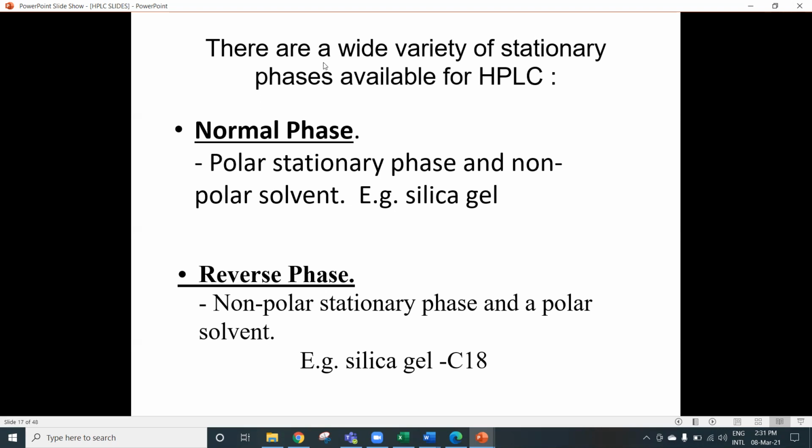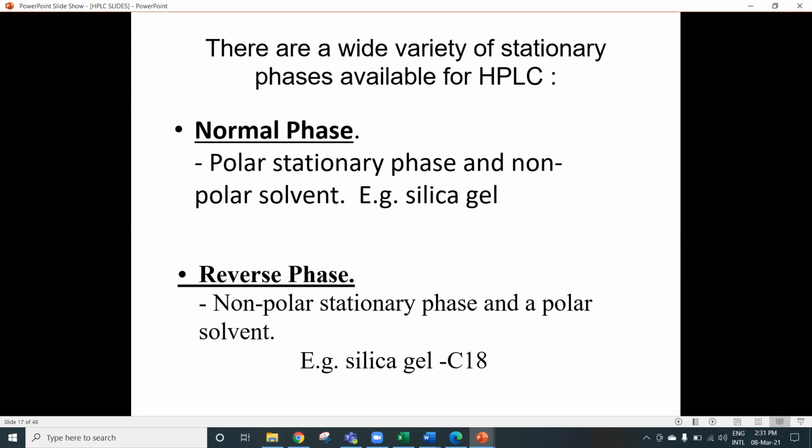So for normal phase, I'm asking a question now. What type of analytes would you separate using a normal phase? Is it a polar analyte or a non-polar analyte? Remember, your stationary phase is where the separation is taking place. So what kind of analytes will be analyzed by the normal phase?